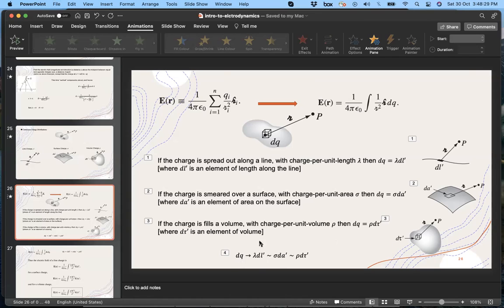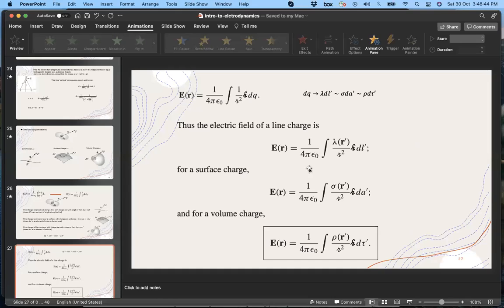So the charge element dq is defined as lambda times dl prime, or sigma times dA prime, or rho times d tau prime. We learned this in a lot of detail, and according to that we defined the electric field for the line charge, surface charge, and volume charge. We are going to get back to this formula again today, and I will give it as homework to you: how one can calculate divergences and curls by using this definition of electric field.